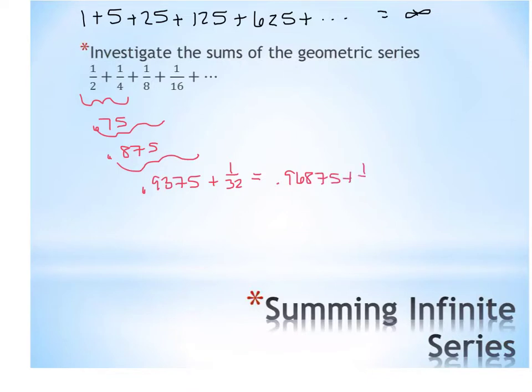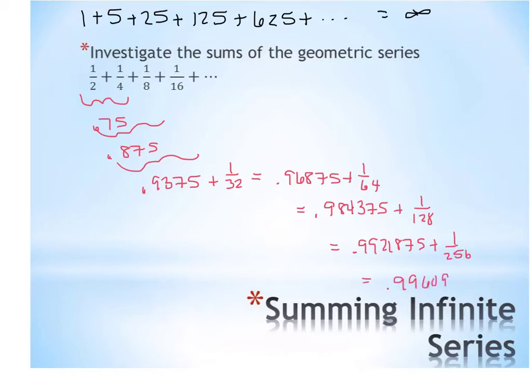If I add 1/64th, I would get 0.984375. If I add 1/128th, that would equal 0.9921875. If I add 1/256, that's 0.9960935. Do we think on this pattern I'm ever going to get to infinity?